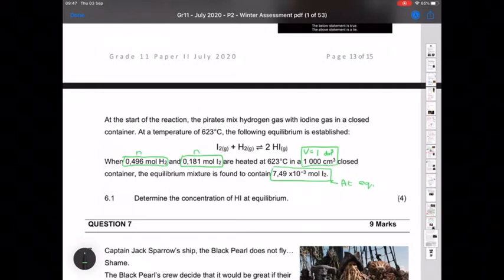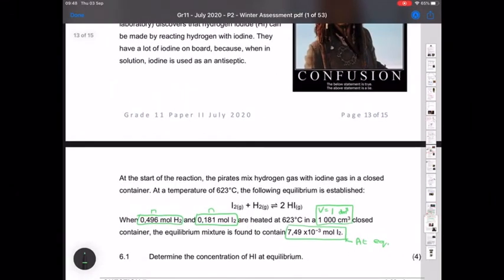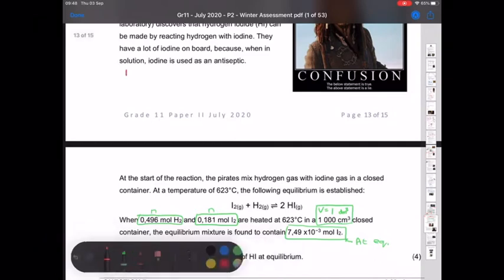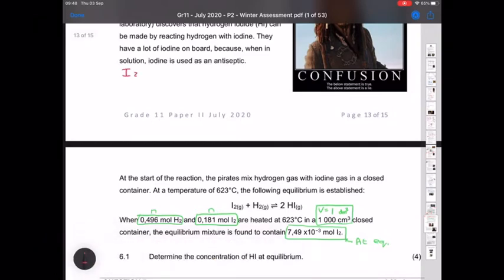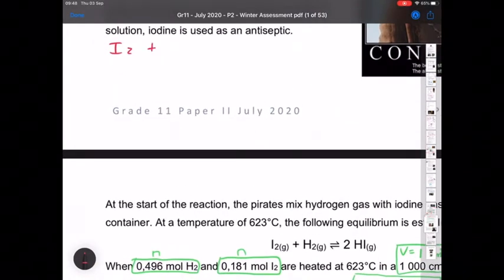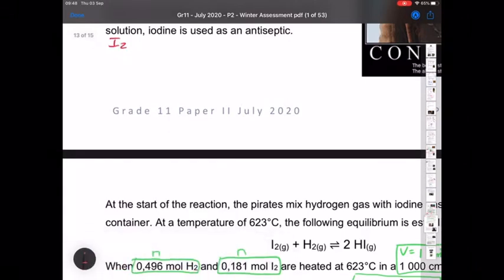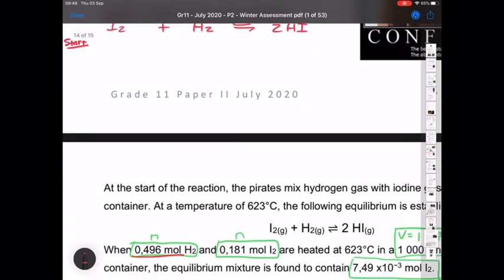You're going to write out your chemical equation, with I2. Okay, so there's your chemical equation at the start of the reaction. This is our starting amounts over here.